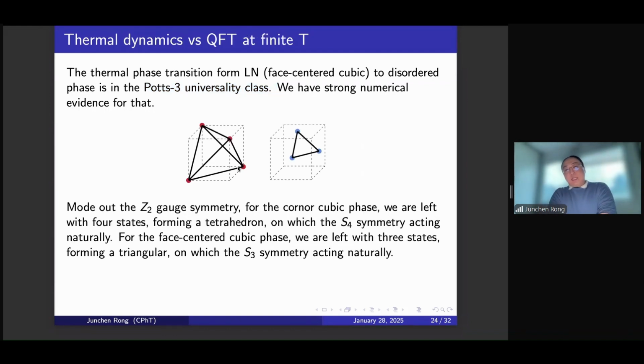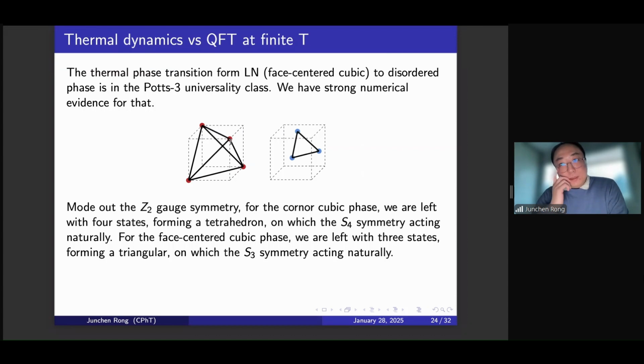Why is that the case? As I told you, we are in the Z2 gauged theory. We have the freedom of picking whether it's positive or negative. So this is the gauge choice. So for example, on the cubic phase, you have 8 states, but it's not really 8 states. It's like 4 states instead.